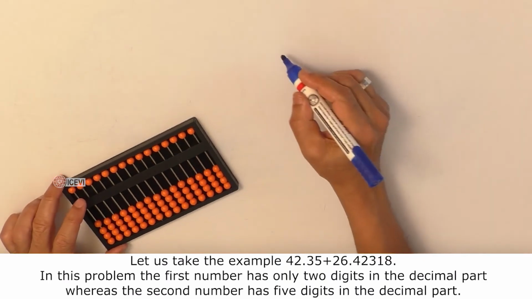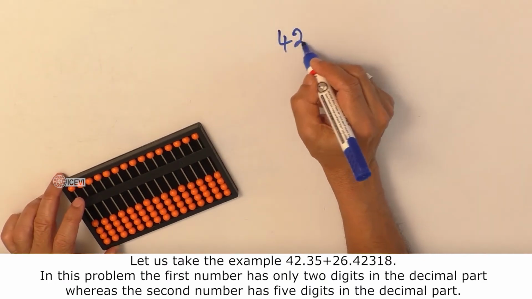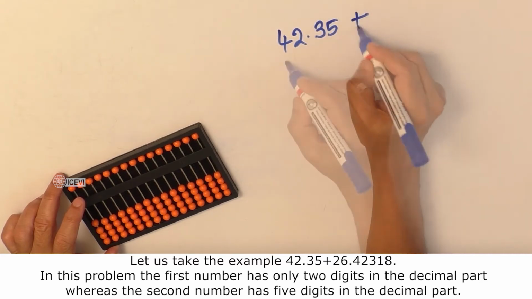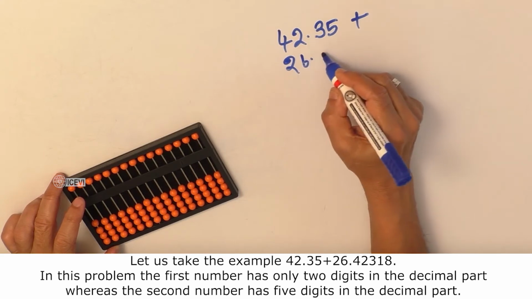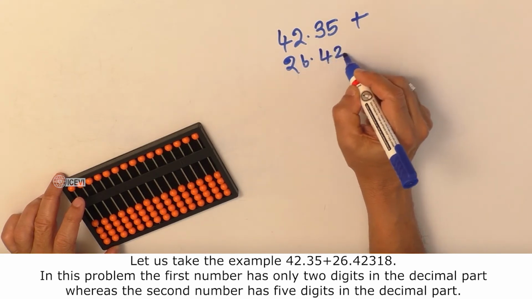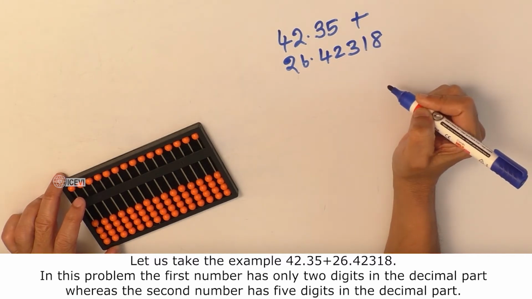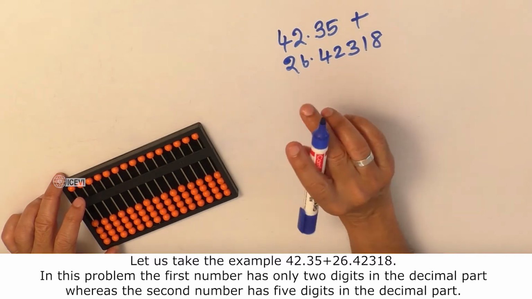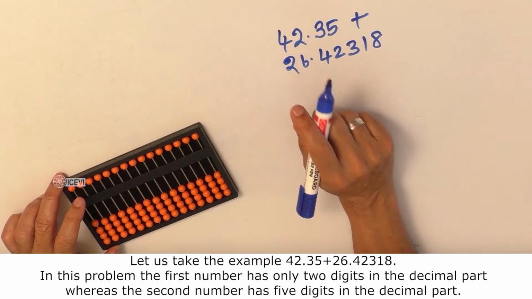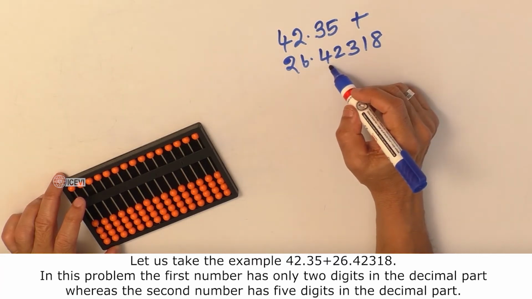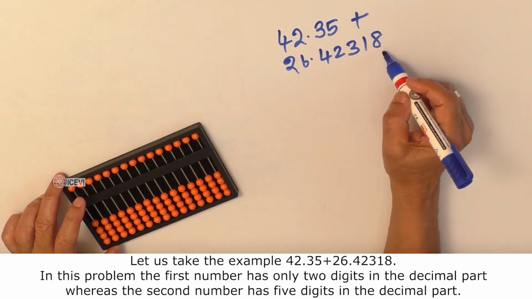Let us take the example 42.35 plus 26.42318. In this problem, the first number has only 2 digits in the decimal part, whereas the second number has 5 digits in the decimal part.